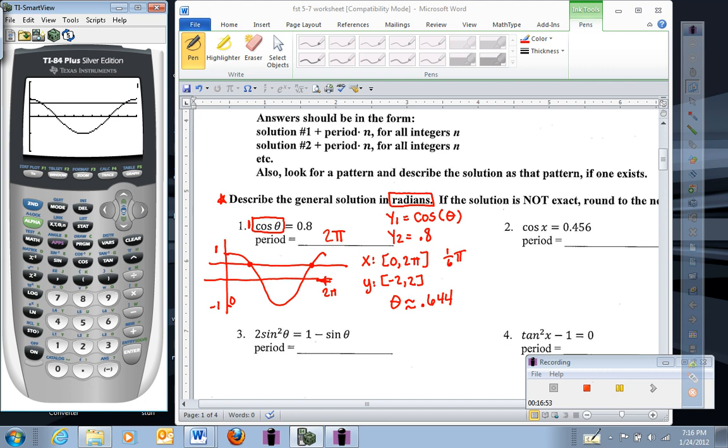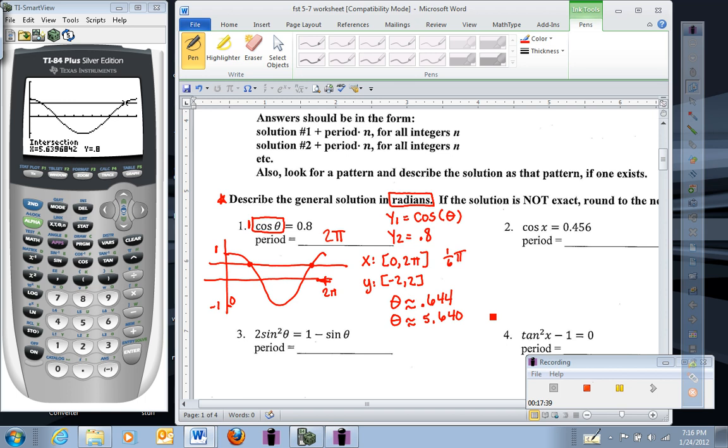And I come up with 5.640. I'm going to look at that on my radian actor. Do I see that one on there? No, I don't. So I'm going to say my other solution is approximately 5.640. That would be to the nearest thousandth.